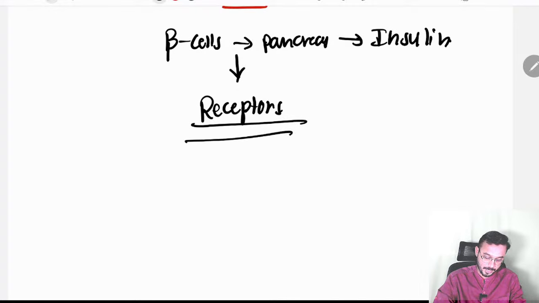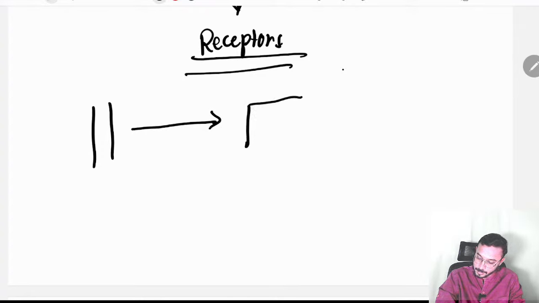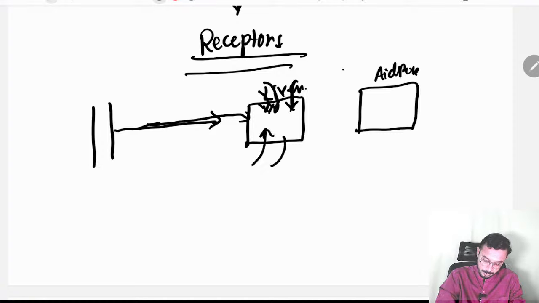From the blood, the glucose will be transferred into the liver, skeletal muscles and adipose tissue. Some receptors are present on the skeletal muscles and other tissues.